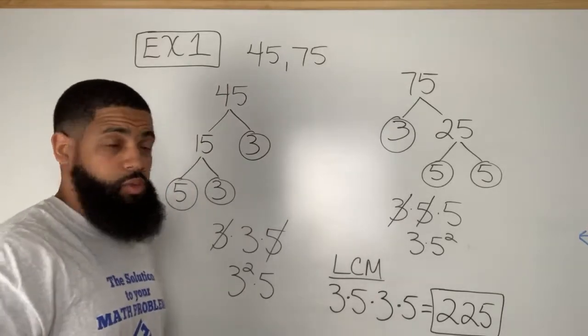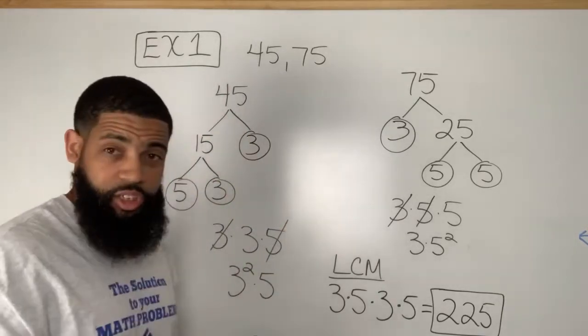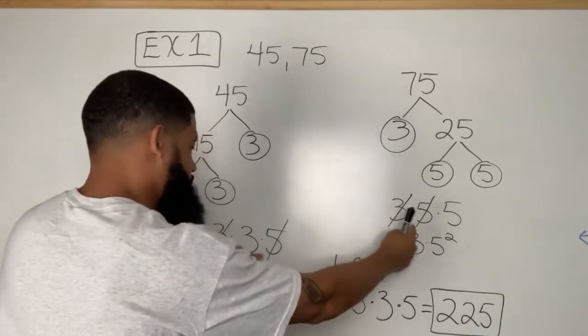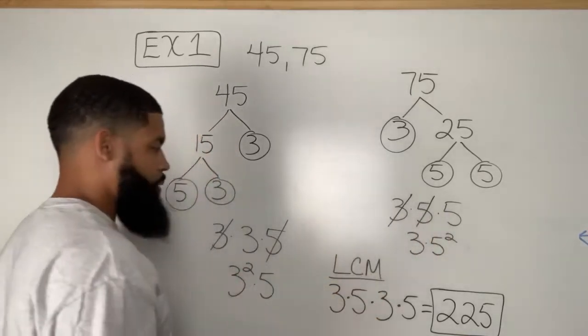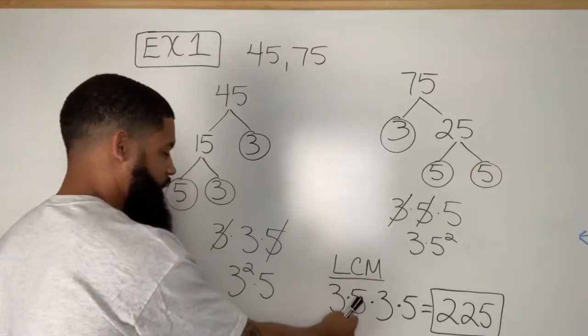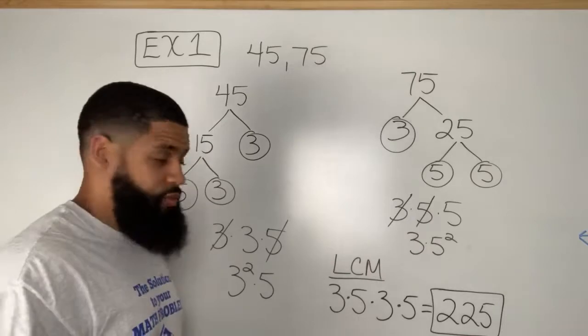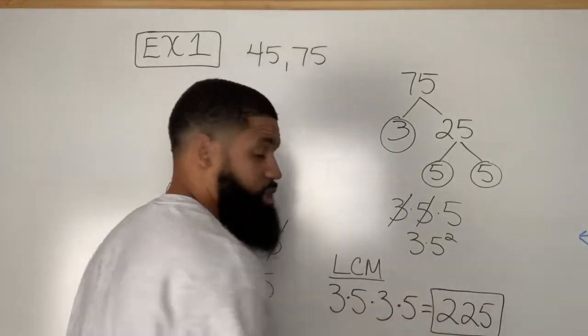All we did was the prime factorization using factor trees. We took the common factors, a 3 and a 5, so 3 times 5, and then the other factors were another 3 and another 5. We multiplied all those together, and we got 225.